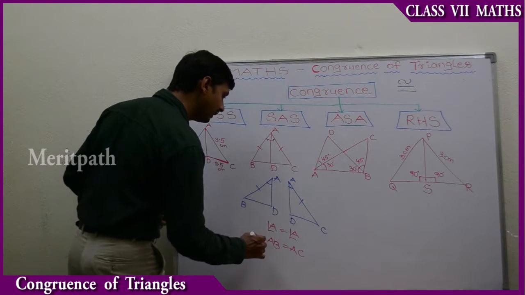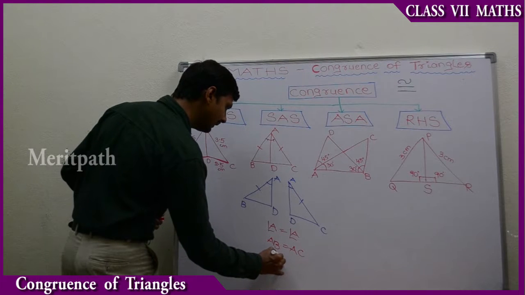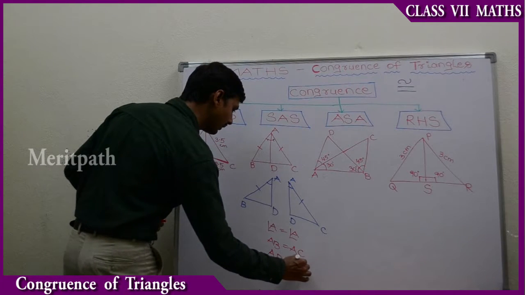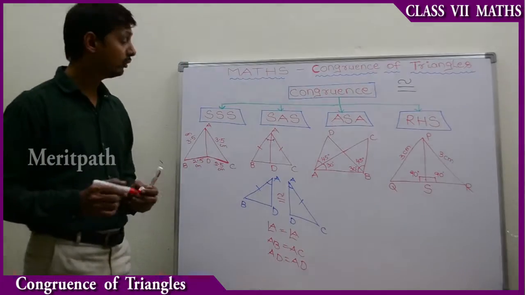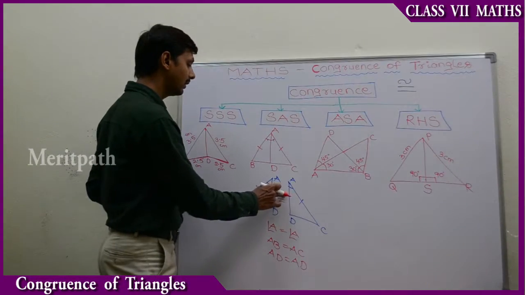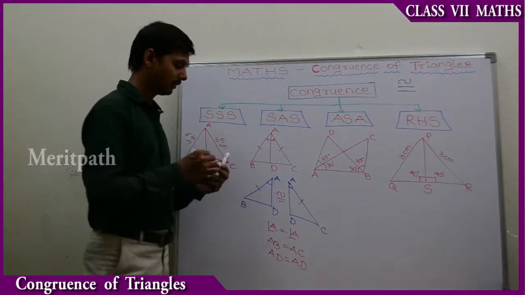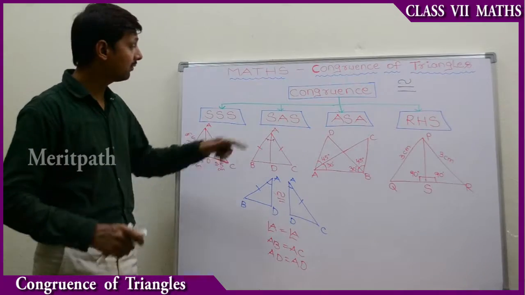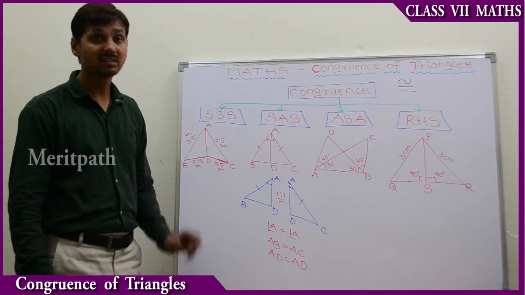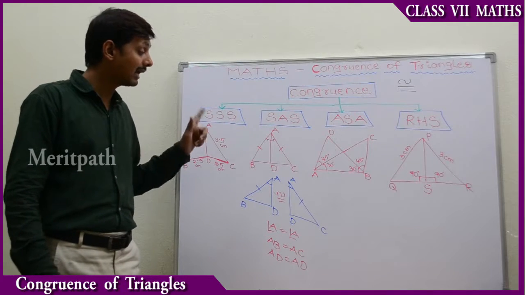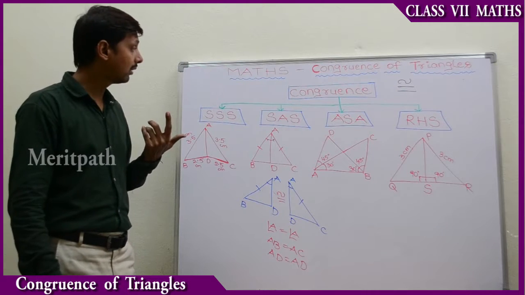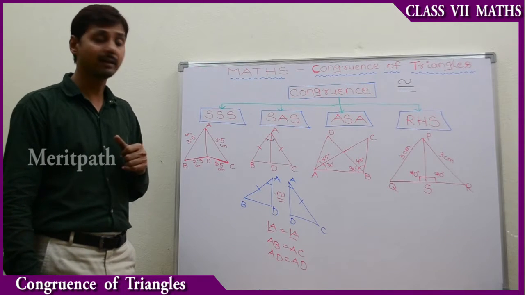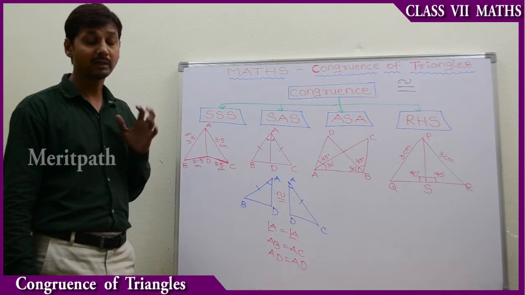The corresponding parts are equal, and AD is a common side, AD is equal to AD. Then we say that these two triangles are congruent using the criterion rule of SAS. Triangle ADB and triangle ADC are congruent to each other. So this is the congruency rule for SAS. Let's go to the next one, that is ASA.